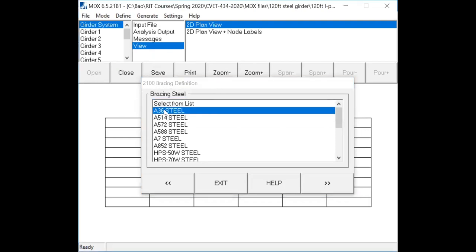As I said, for the bracing, also called cross frame, we usually use the angle or channel as those members, and the standard steel is ASTM A36 steel. So we choose the A36 and then go to next.